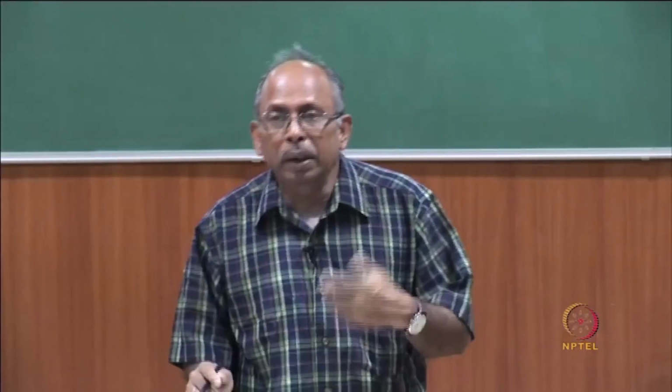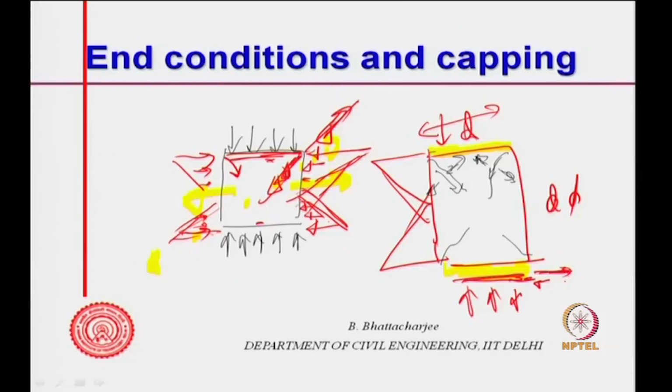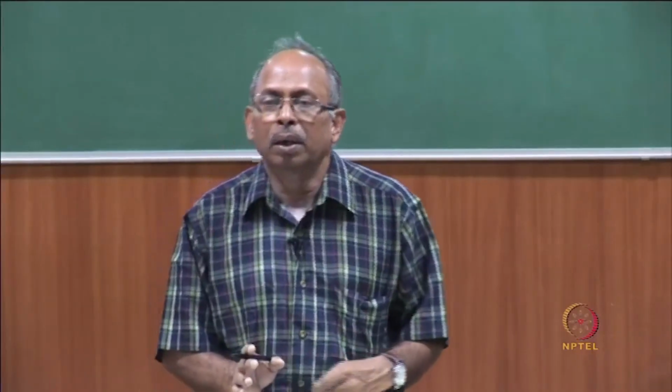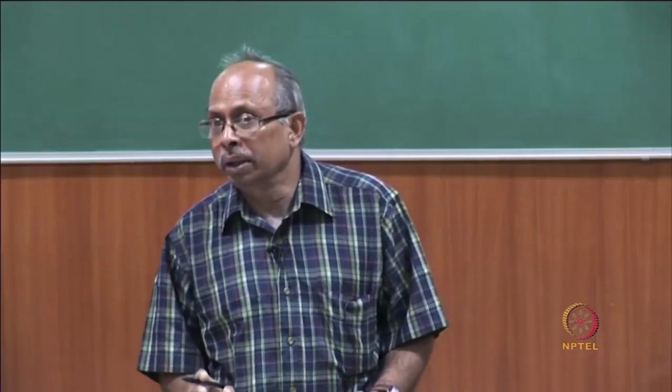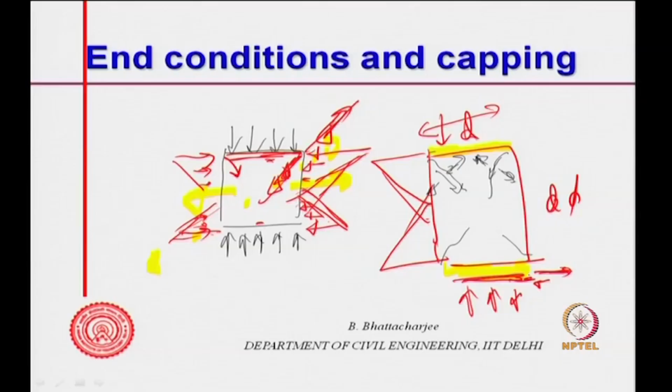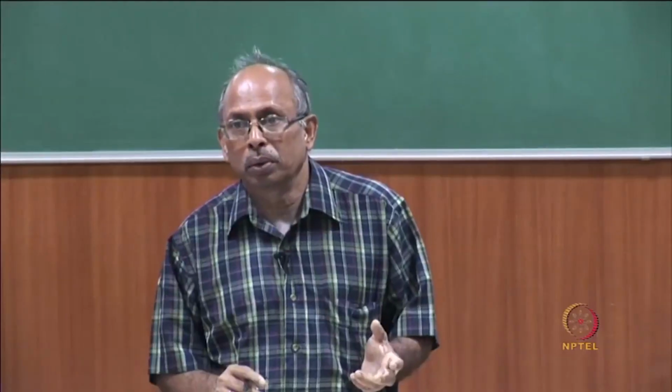So, it is Poisson's ratio which causes it to deform along the transverse direction, and its stiffness is an important issue.